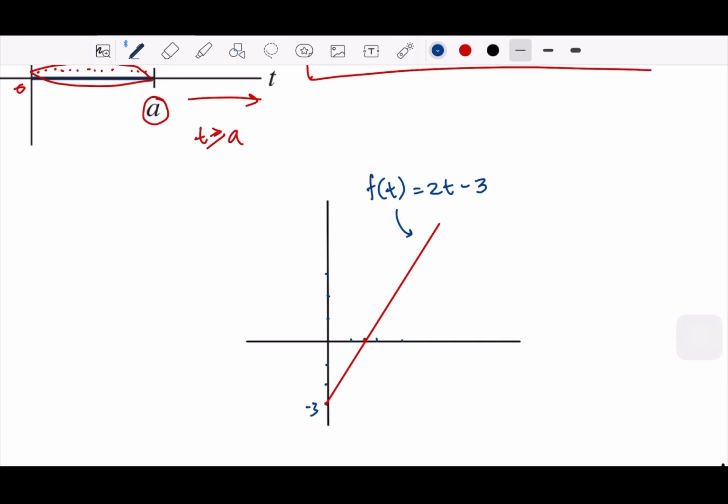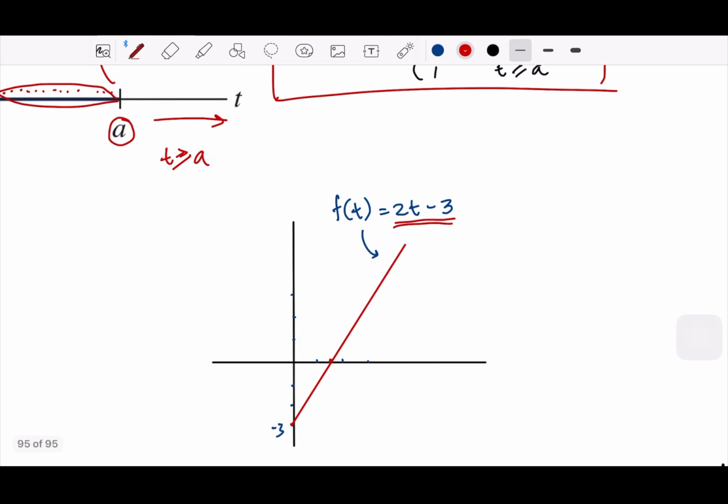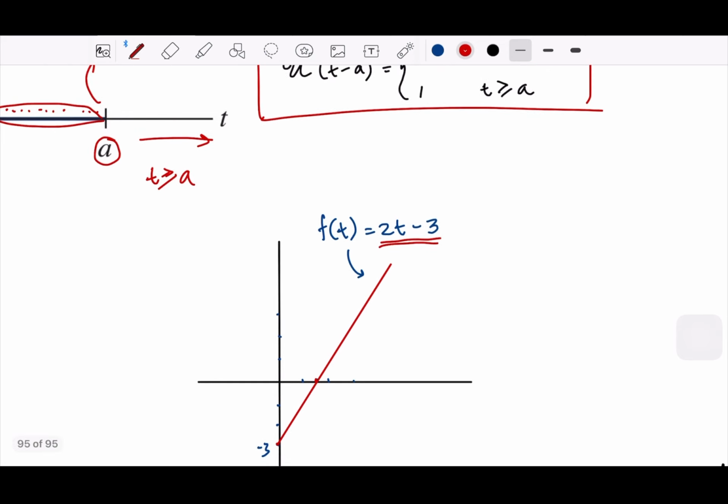2t minus 3. Now, if we multiply this function with the unit step function, let's say we have a new function, 2t minus 3, multiplied with the unit step function t minus 1. What it means is, because of this, when t equals 1, remember, it will be 0.